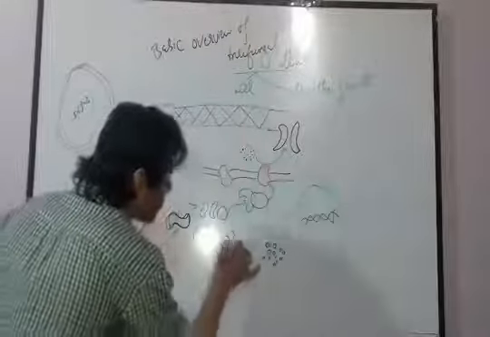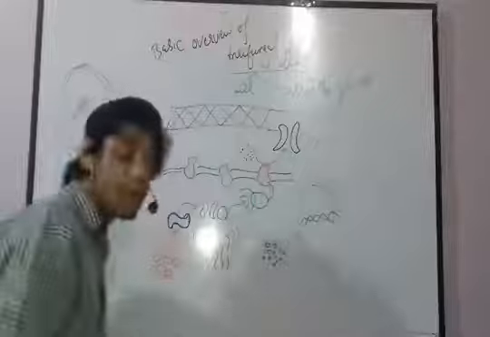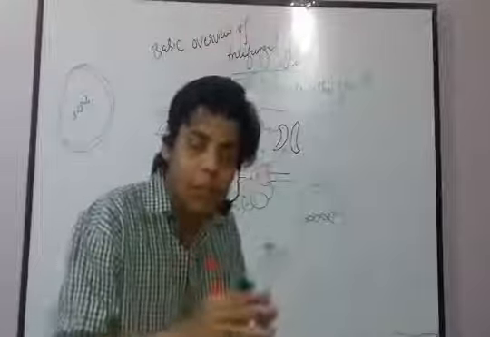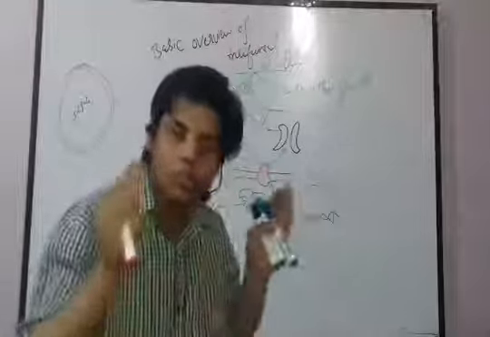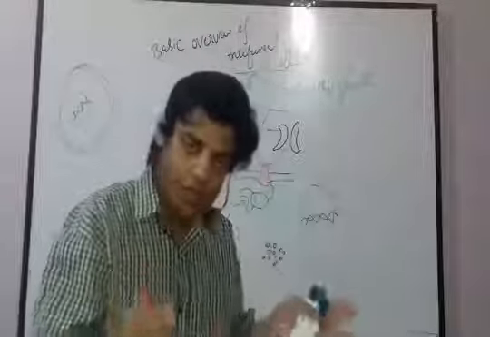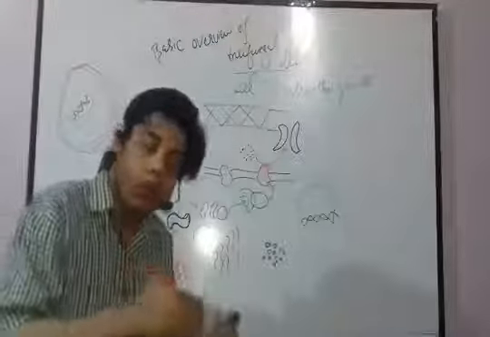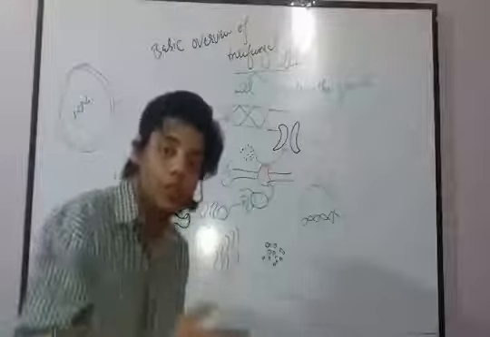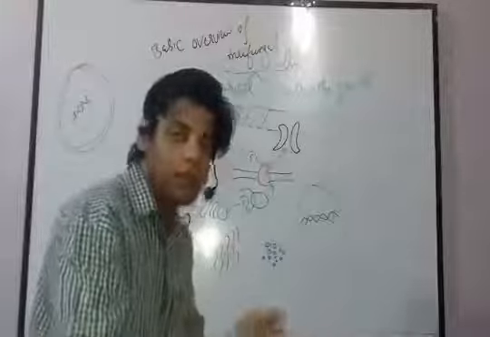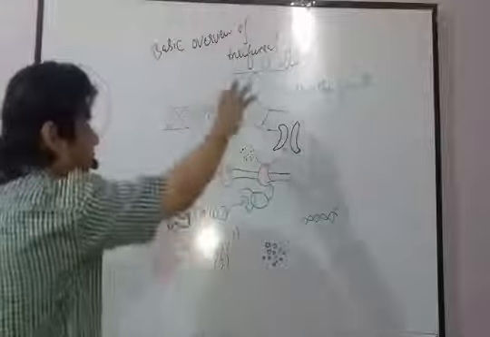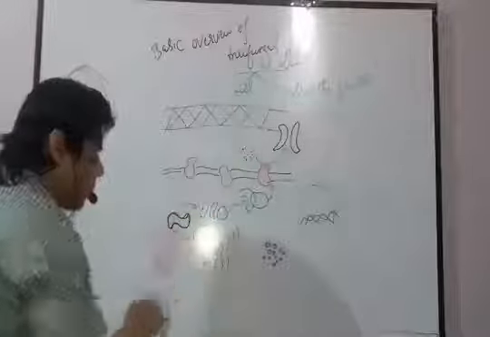Now these polymerized microtubules are responsible for making spindle fibers. Once they make a spindle fiber, then the fungi will be divided into two cells. So these are the microtubules responsible for spindle fiber formation. That's another important thing which the antifungals affect.